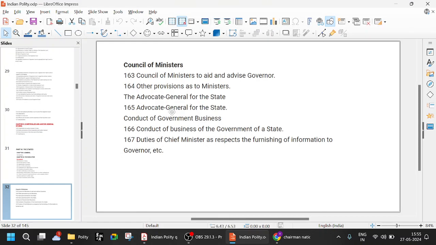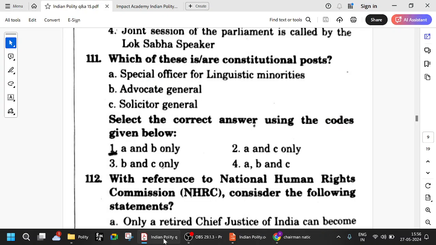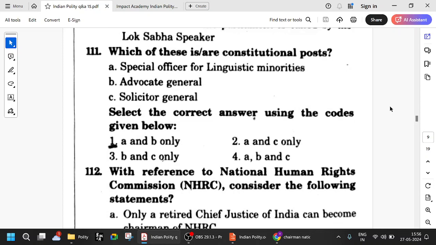Attorney general is for the central, advocate general is for the state, 165, and CAG is 148. All these are constitutional posts, even president and vice president. Solicitor general is not a constitutional post. It is a political post, appointed by the government. So A and B only.